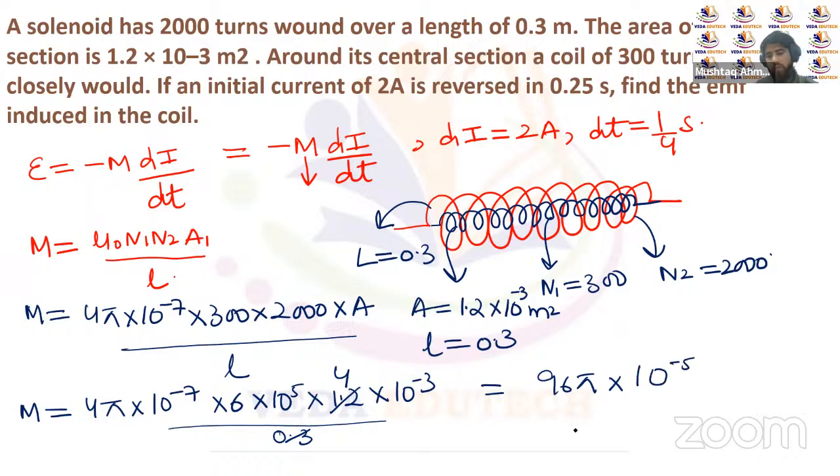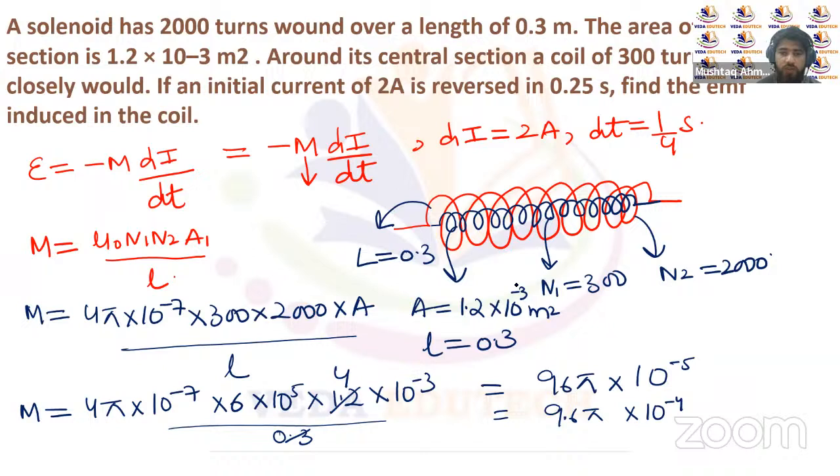So this will be the value of the coefficient of mutual inductance, or we can write it as 9.6 pi into 10 to the power minus 4.